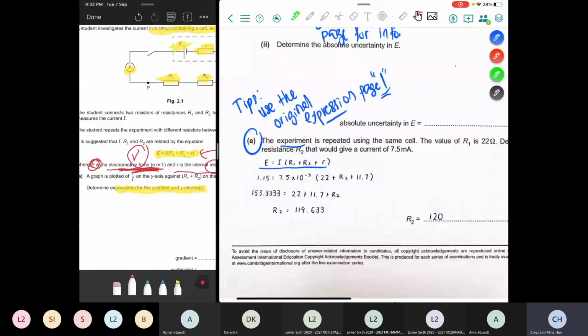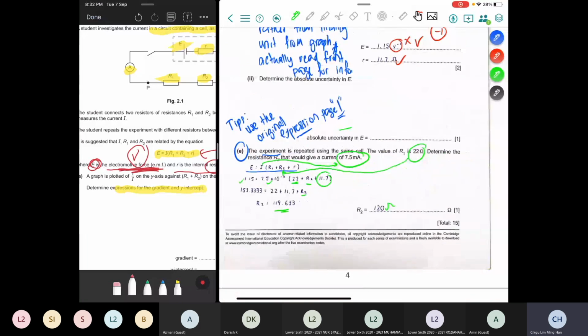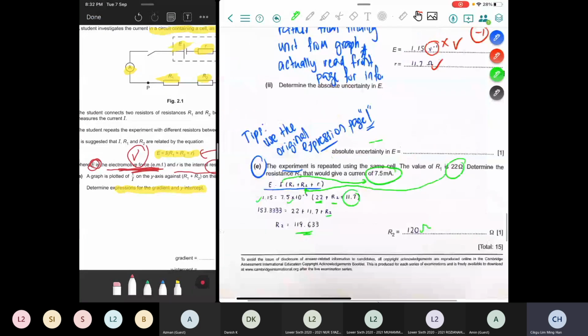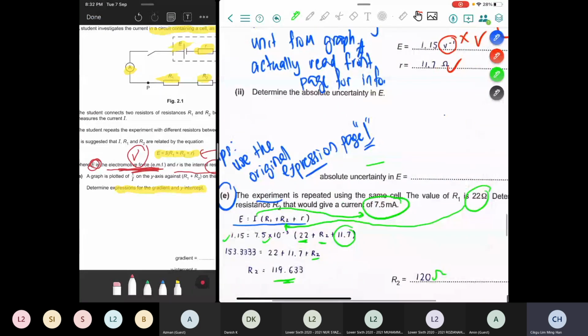So you just need to substitute the E that you got from earlier on. This one is given from the I here. And this is also given here. And the R you also calculated on your own already. So all you need to do is some algebra to solve for the value of R2.